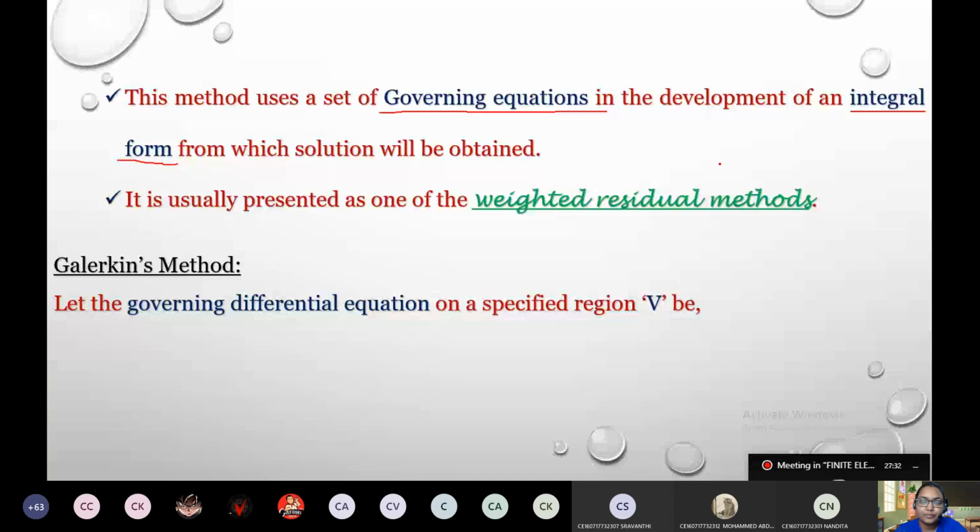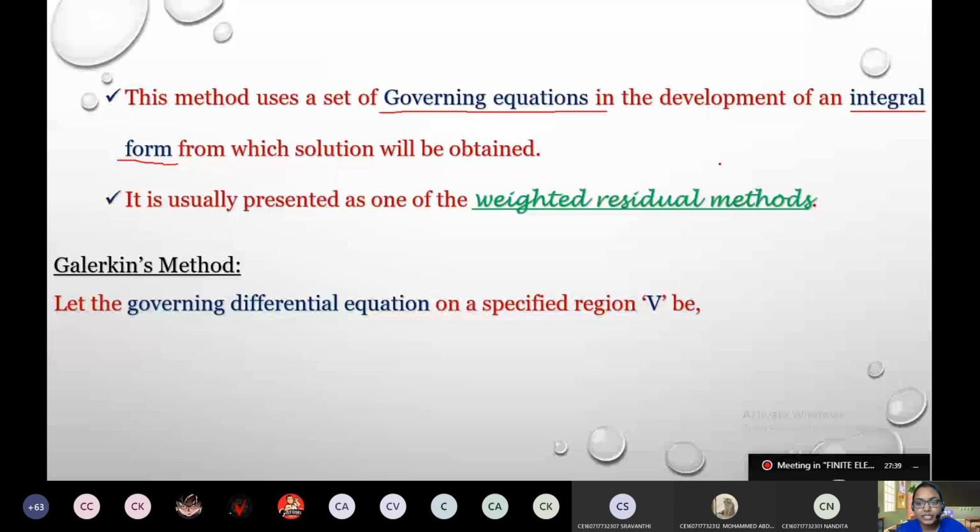When we talk about the finite part, it means the ds or dv terms, so differential terms. So the governing equations will be differential equations of which the integral form is formed.